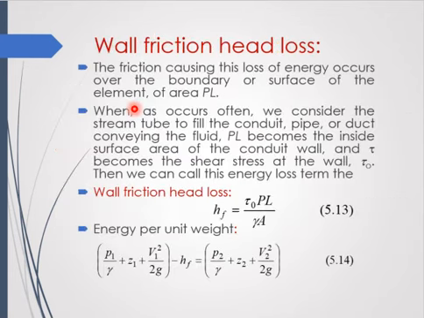The friction causing this loss of energy occurs over the boundary or surface of the element of area PL. When, as often occurs, we consider the stream tube to fill the conduit, pipe or duct conveying the fluid, PL becomes the inside surface area of the conduit wall, and tau becomes the shear stress at the wall, tau naught. Then we can call this energy loss term the wall friction head loss.